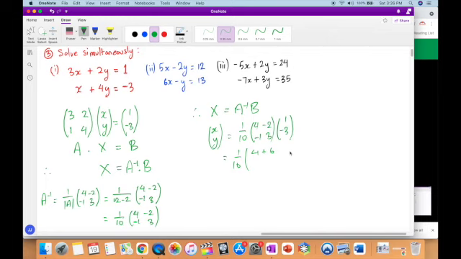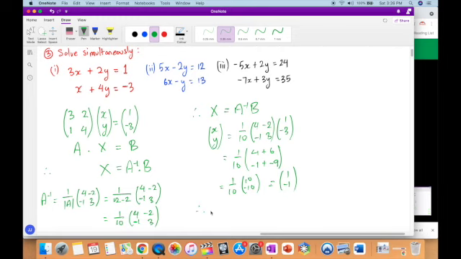We see here that negative 1 times 1 is negative 1, and 3 times negative 3 is negative 9. So that gives us 1 all over 10 into 6 and 4 is 10, and this here will be negative 10. And of course, when you multiply the scalar, you'll end up getting 1, negative 1 as the final matrix.